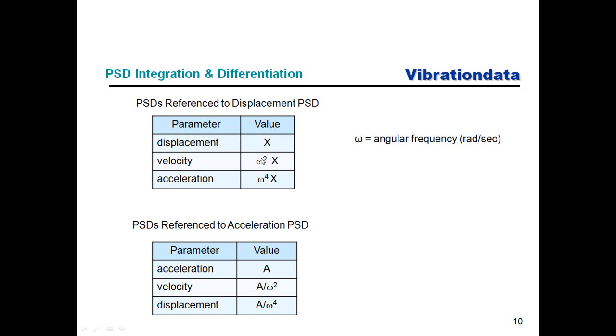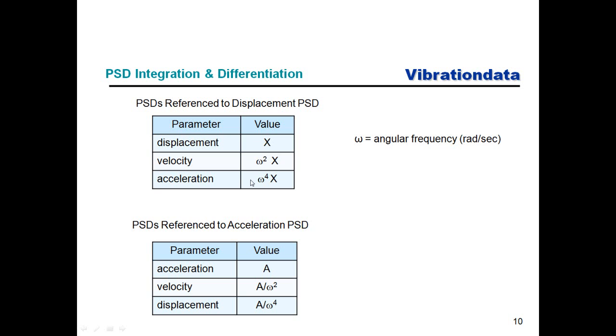So that's a better term than coefficient. But anyways, to get the corresponding velocity PSD, we take the displacement PSD and multiply by omega squared, and we have to do that for each of the independent variable frequencies. To get acceleration, we take that displacement PSD and multiply by omega to the 4th power.